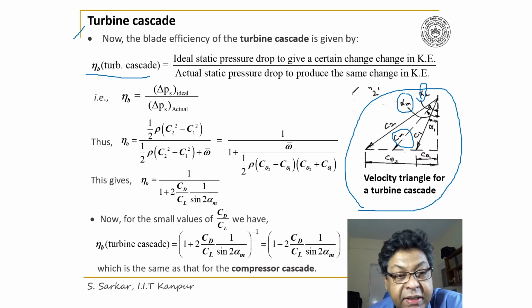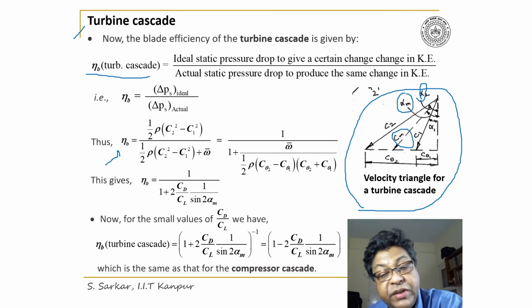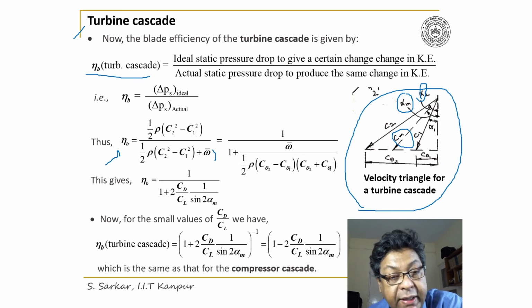Thus, eta b would be as follows. Eta b is equal to half rho C2 square minus C1 square, because C2 is greater than C1, divided by half rho C2 square minus C1 square plus omega tilde.